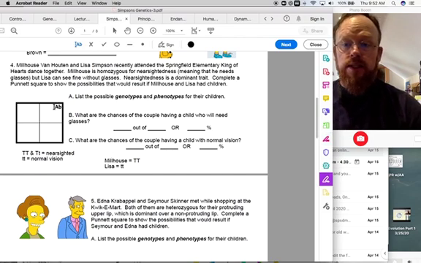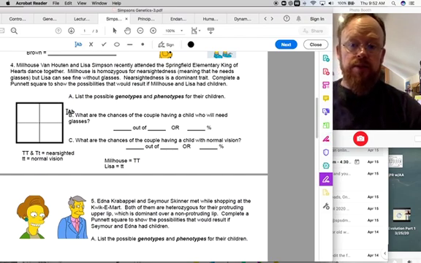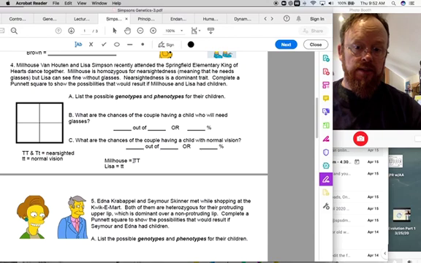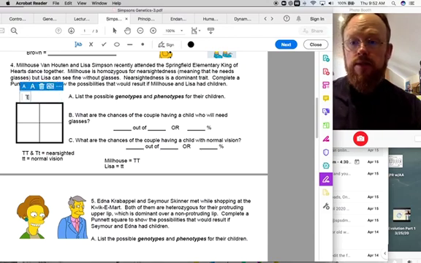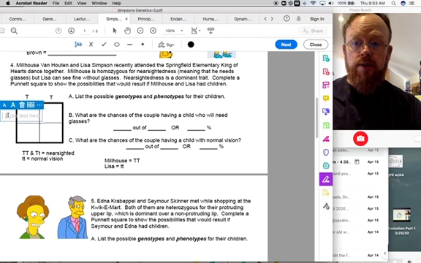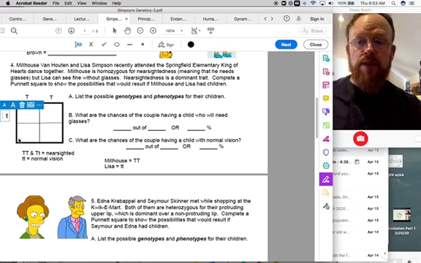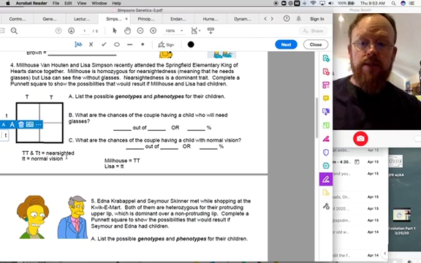So now let's complete the Punnett square. Milhouse might pass on a big T or a big T. He only passes on one of them. Okay, that's how this works. You have two versions, but you only pass on one of them to offspring, and your partner passes on one, and then your offspring have two versions. Lisa might pass on a little t, and she might pass on a little t.